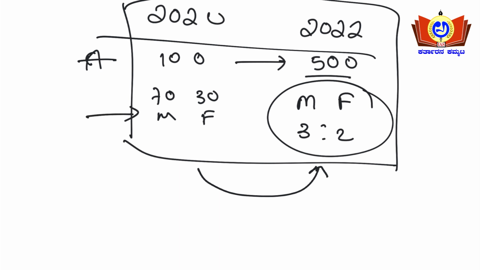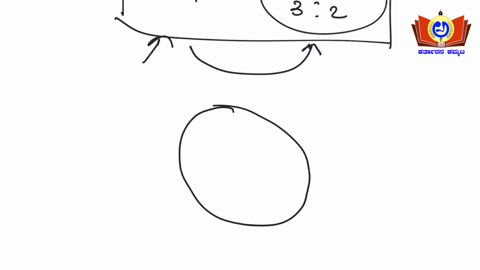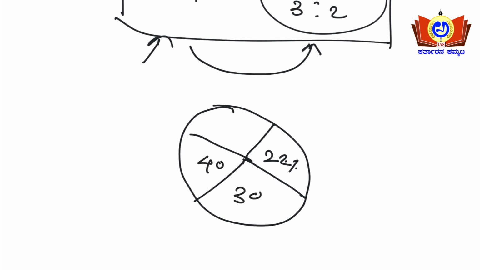This data shall be represented either in tabular format. This is the tabular format, okay? It shall be represented in a pie chart. Pie chart means a circle will be there, in which they will be giving percentages. They'll split it like this, and 22% and 30% and 40%, different percentages will be there.